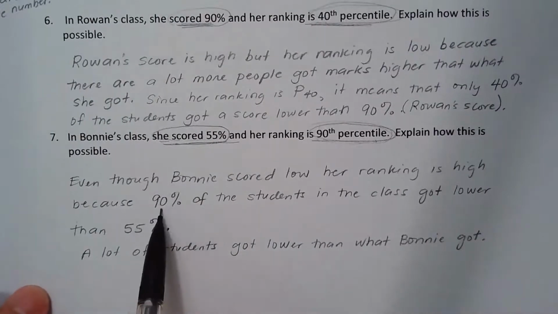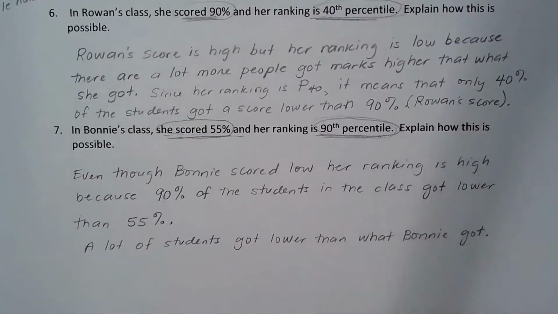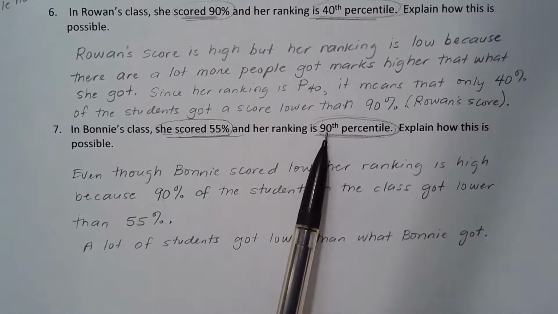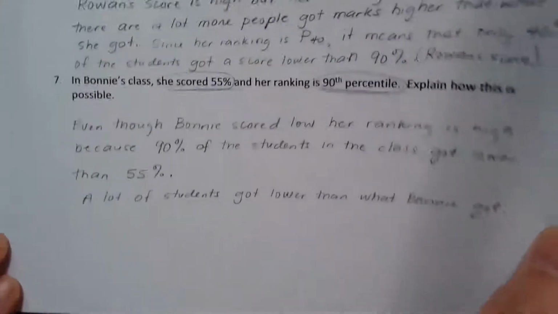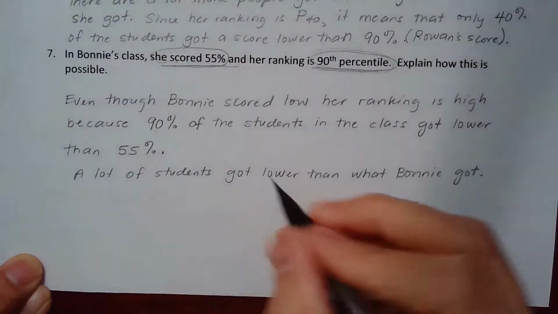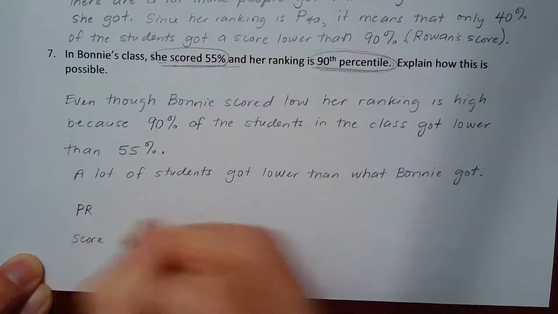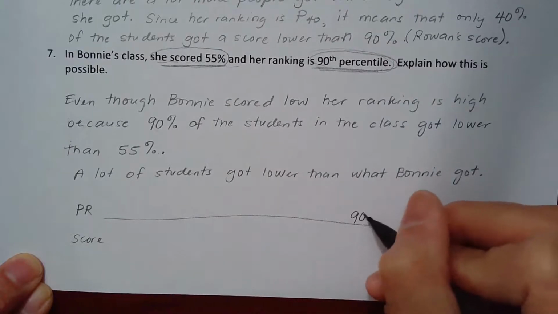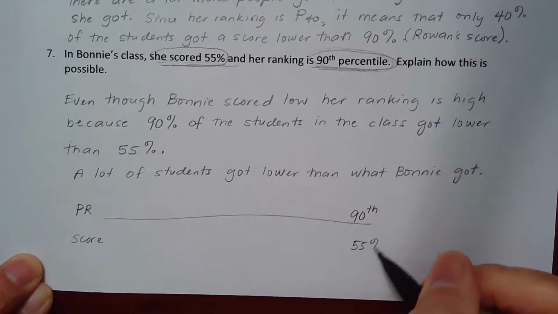Okay, so this is where it's important to understand the meaning of percentile ranking. Because it's 90th percentile, that means 90% are below. So this is what sometimes I write as percentile rank, score: 90th percentile, 55% score.